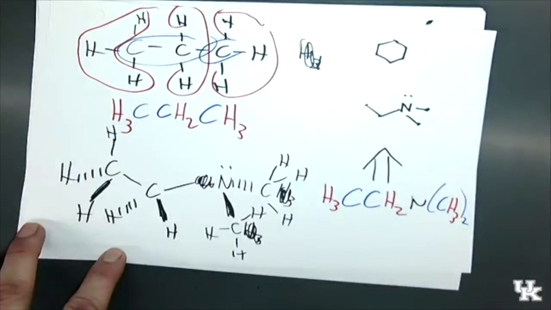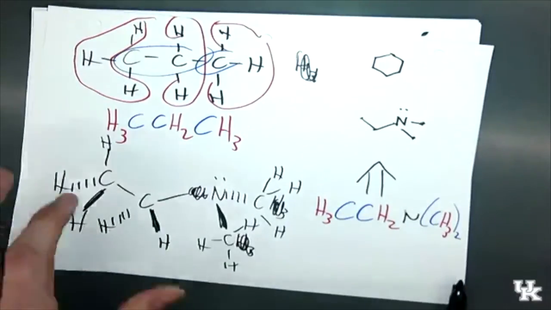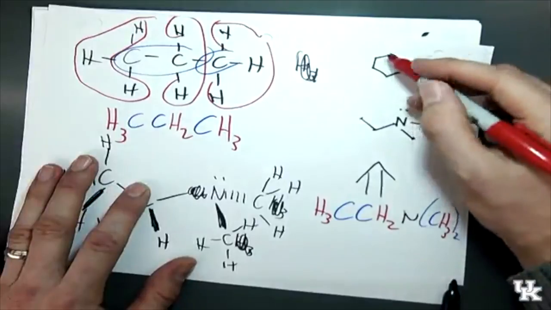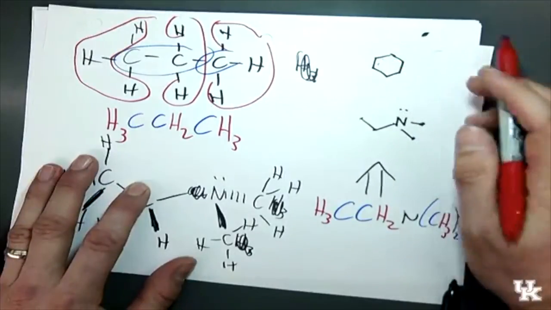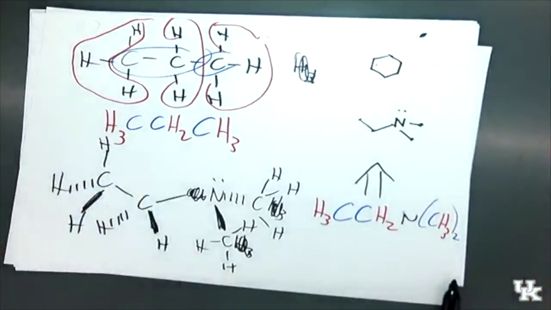Each carbon should have 4 bonds, right? We're also assuming that from this structure. So you know that each carbon has 2 bonds to another carbon. So that means each carbon has 2 CH bonds. These are things that you can assume every time.